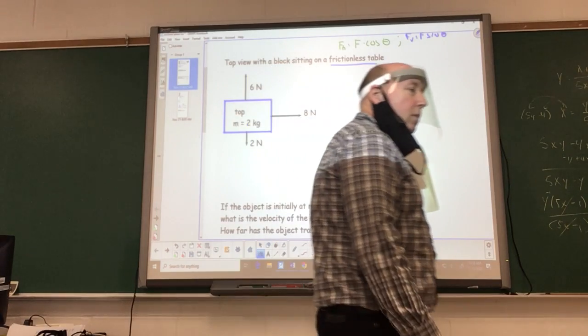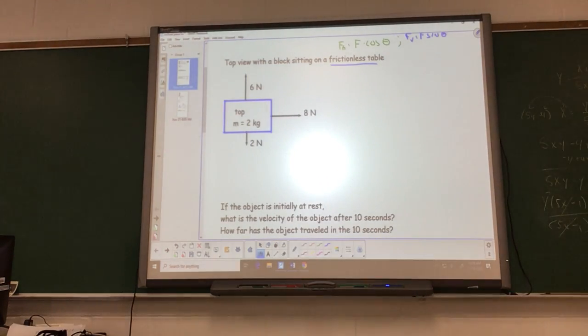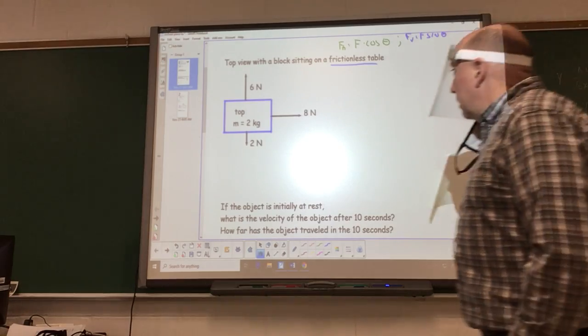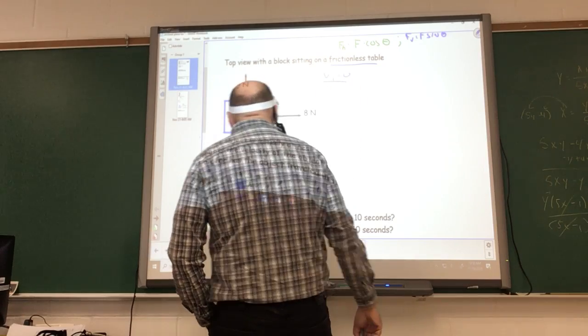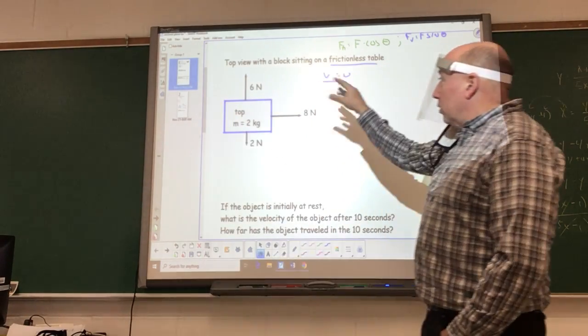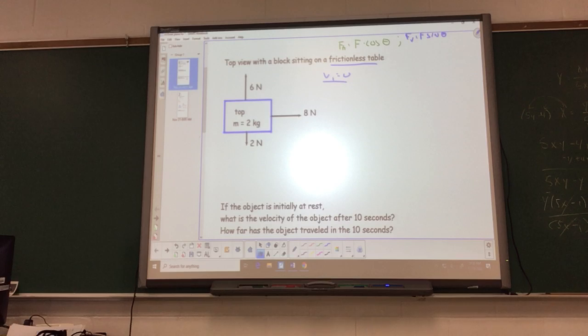And in what direction? So we have an initial velocity of 0. We have all these forces. We're going to apply a force for 10 seconds. We want to figure out the velocity of the object after 10 seconds.